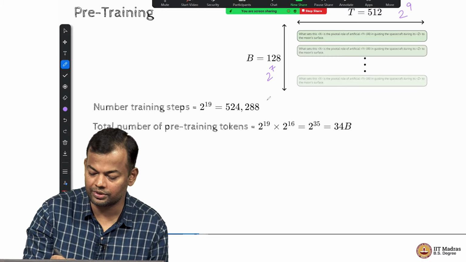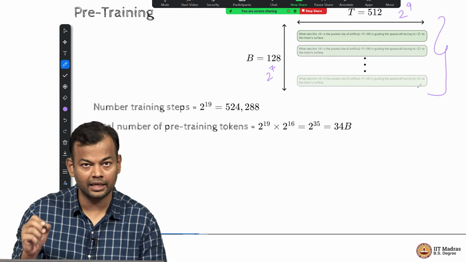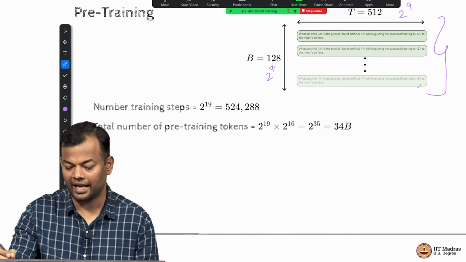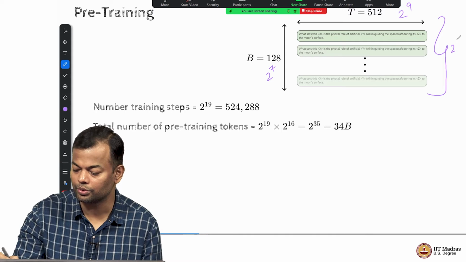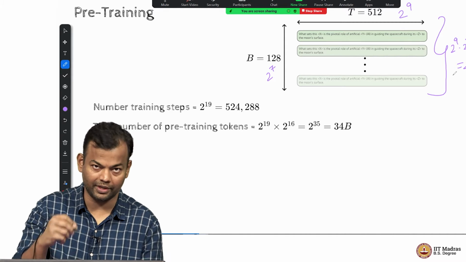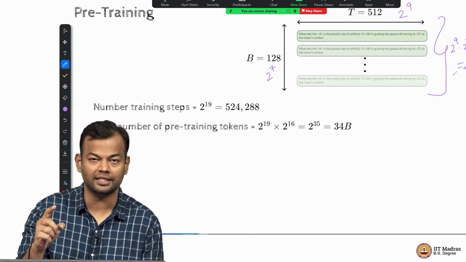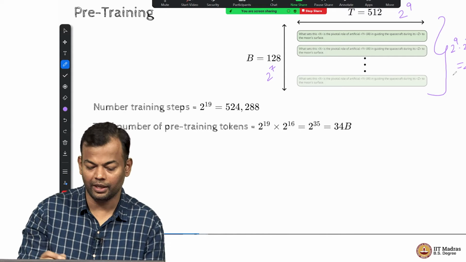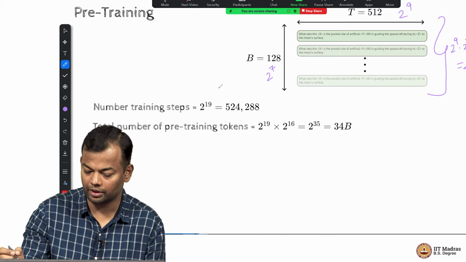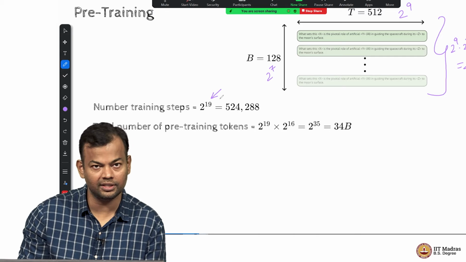Let me write these computations here. So one step was actually equal to 2 raised to 9 times 2 raised to 7, which is equal to 2 raised to 16 tokens, right? So we're seeing 2 raised to 16 tokens in one step, and it is doing a total of 2 raised to 19 such steps.